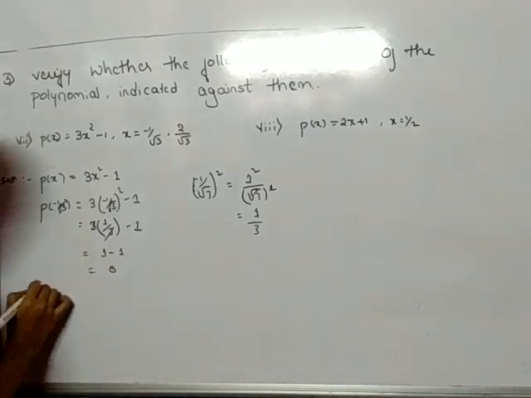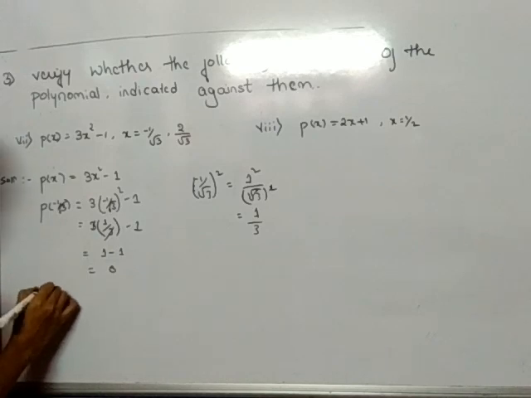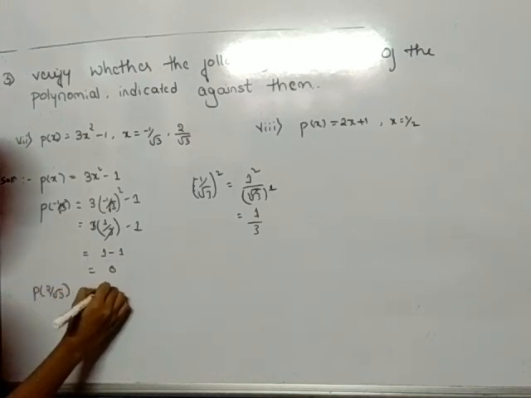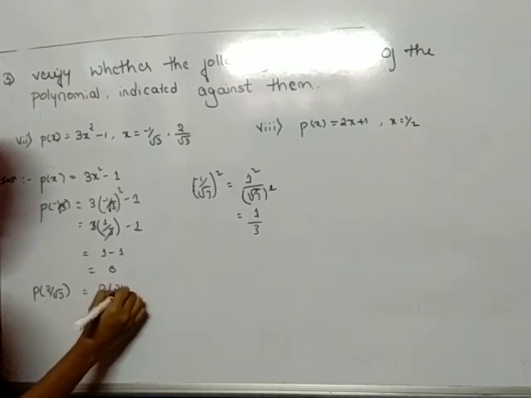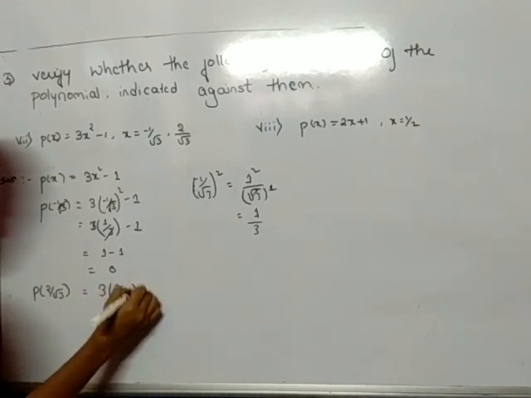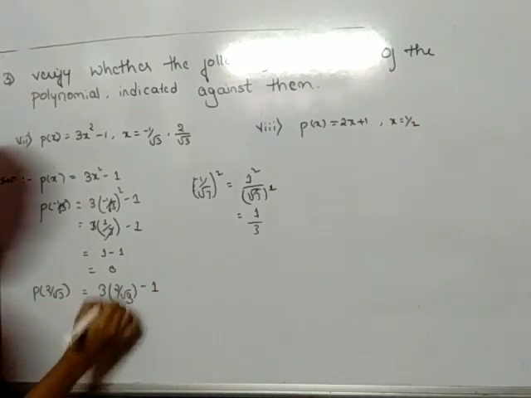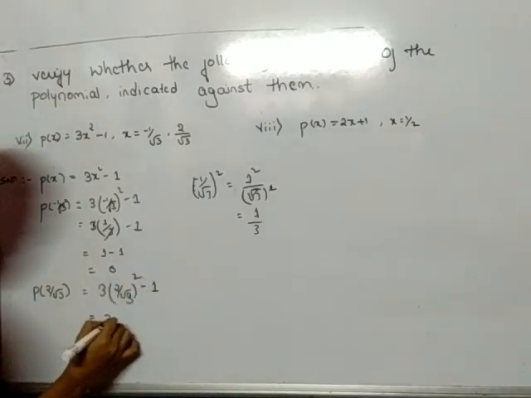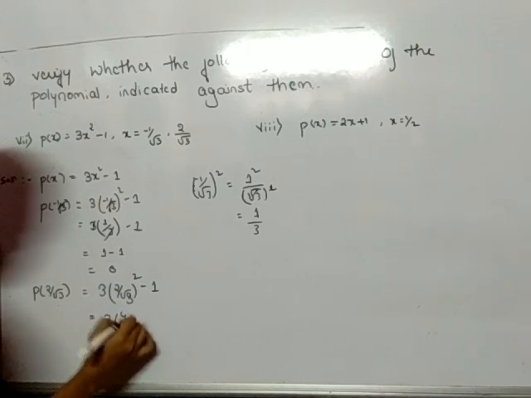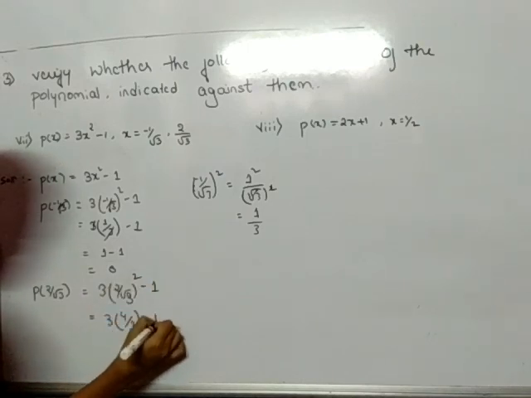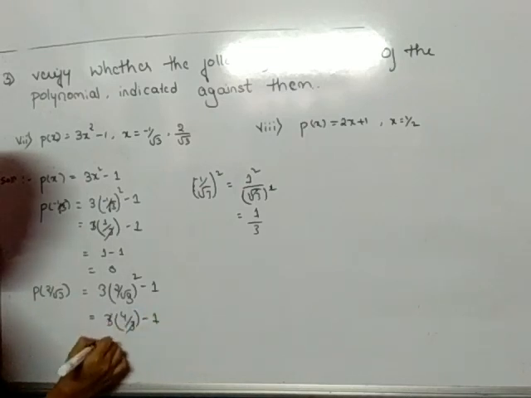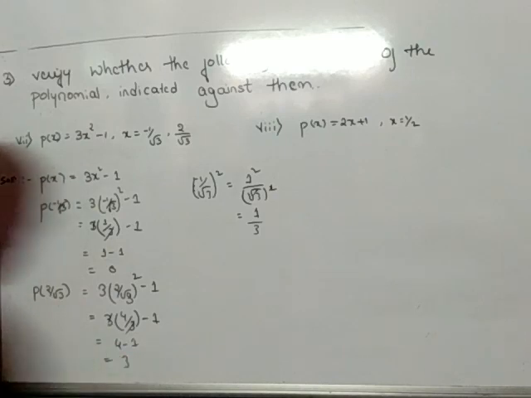So for the second x value, that is 2 by square root 3, we'll check. 3 into 2 by square root 3 whole square minus 1. 3 into 2 2s are 4 and square and square root cancel, remaining is 3 here. 3 cancels and remaining is 4 minus 1 which gives us answer 3.